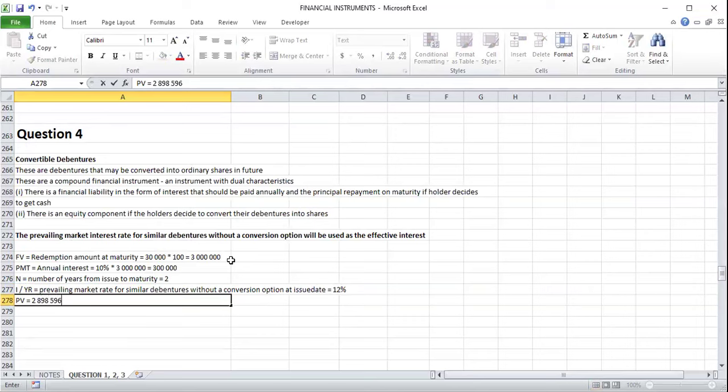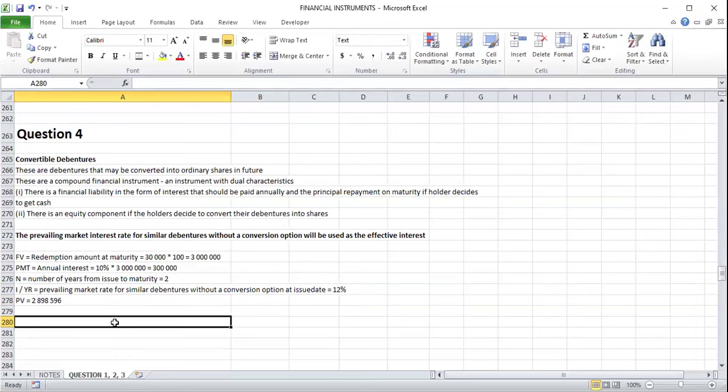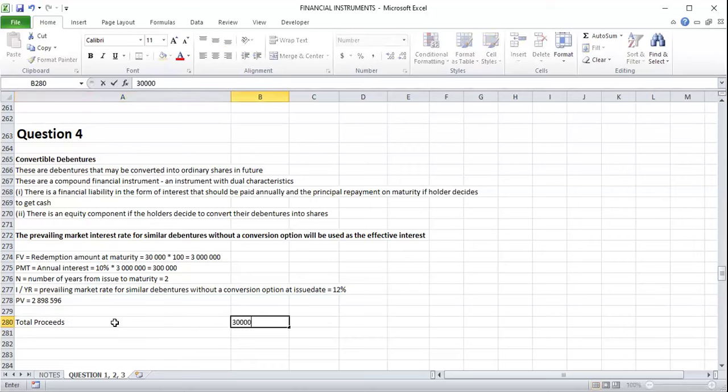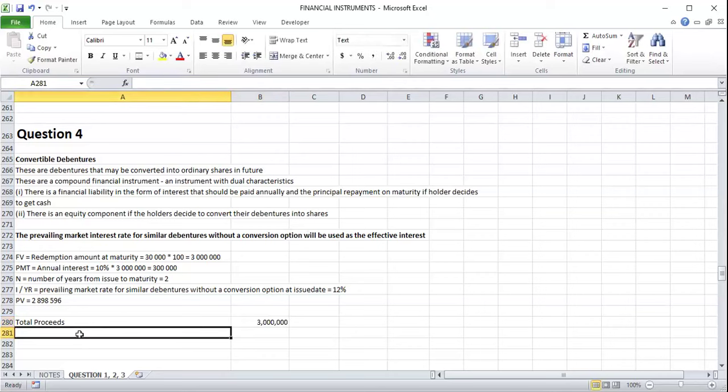So that means the total proceeds are 3 million. And the present value is the liability component of the convertible debentures.